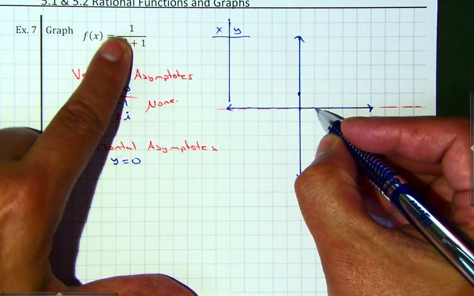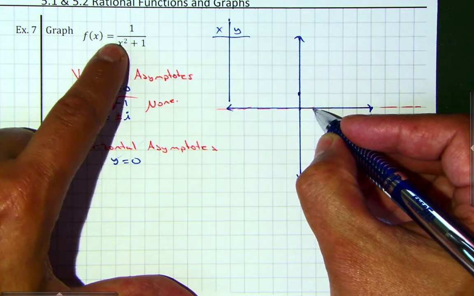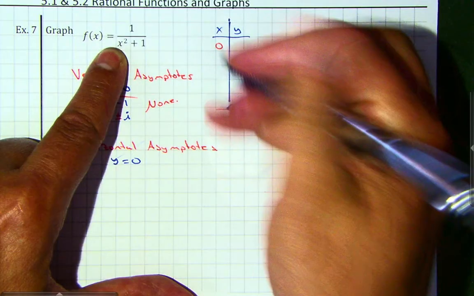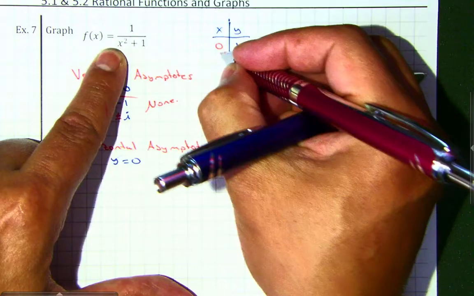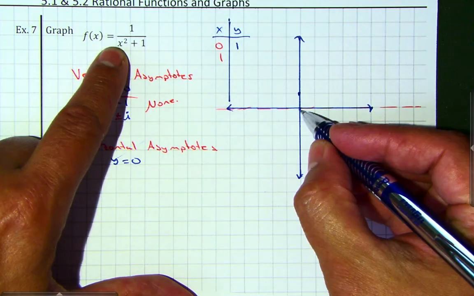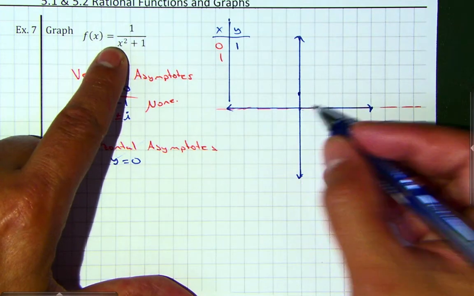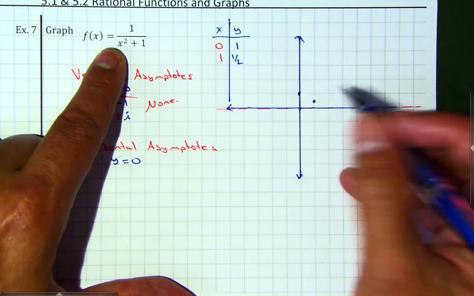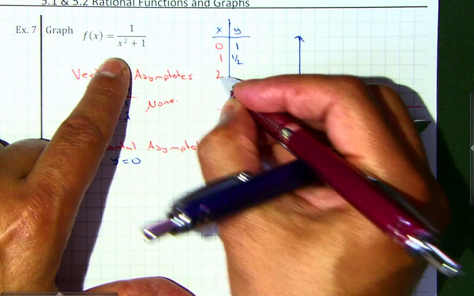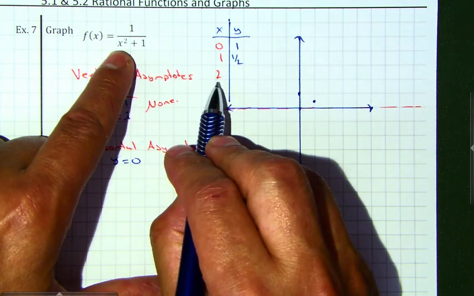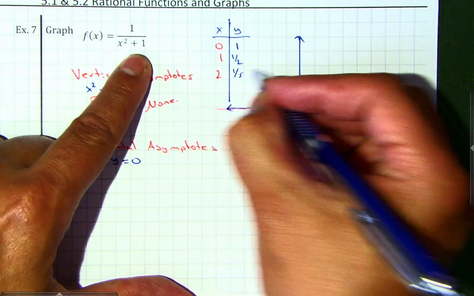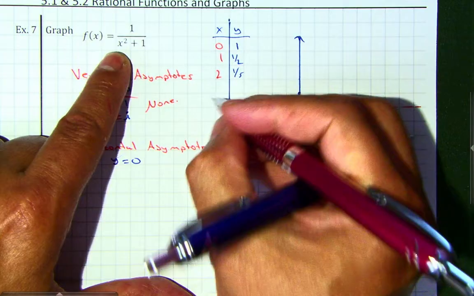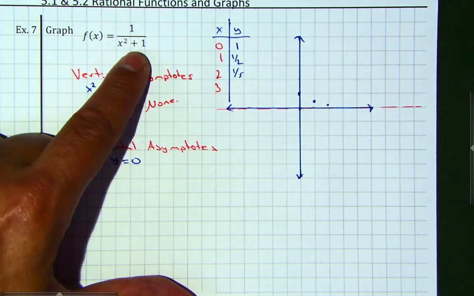When I plug in a 1, this is 1 squared, plus 1, so it gives you 1/2. Plug in a 2, that'll be 4 plus 1, which is 1/5. And therefore, plug in a 3, that'll be 3 squared is 9, plus 1 is 10, so 1/10.